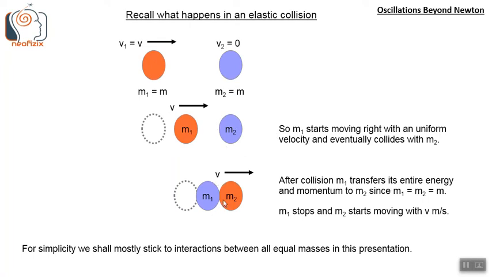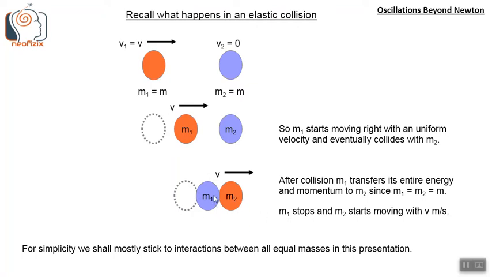After collision, m1 transfers its entire energy and momentum to m2, since m1 and m2 have the same mass m. So the energy and momentum is transferred entirely from m1 to m2.